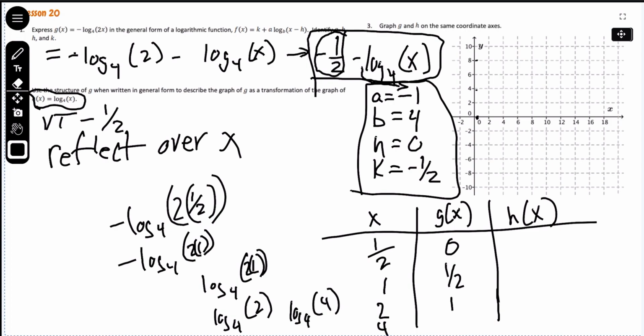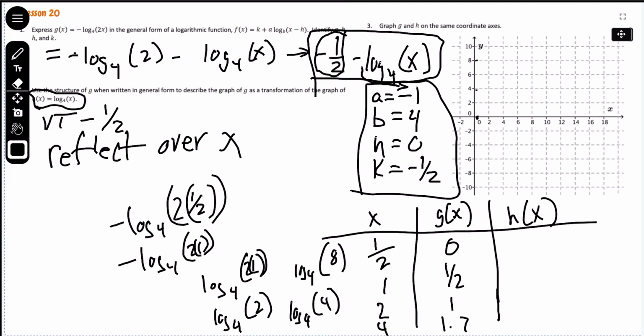And log base 4 of 2 times 4 is 8. What power of 4 is 8? That's really not a good one. I don't know, that's going to be close to 1.7 or something like that.